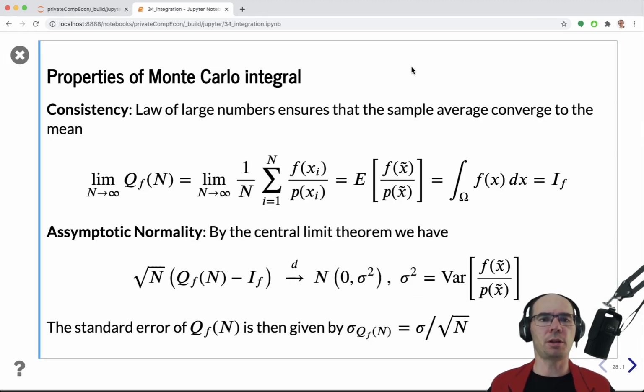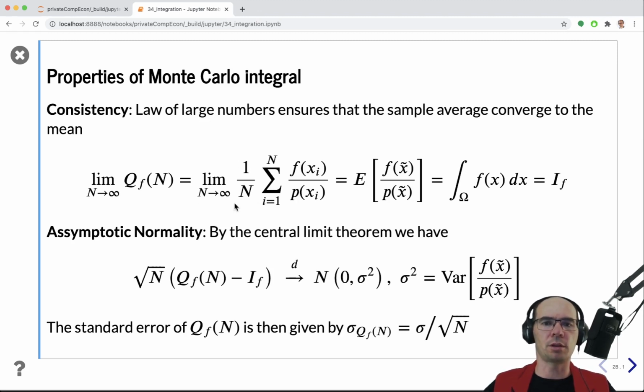Well, when calculating the integral with Monte Carlo integration, what we're doing is approximating some average, some expectation, using the sample average. And we can use laws of statistics and the theory of probabilities to make statements about how fast the sample average converges to the actual expectation. And so here we go. The Monte Carlo integral as an estimator is consistent.